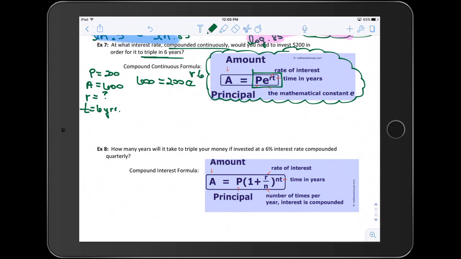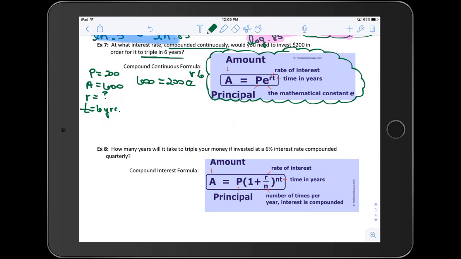There are also other mnemonics, but it does spell the word PERT, if that helps you remember it. I do want to say that I give you these formulas on any kind of assessment, because at this point you need to know how to use them, but you don't need to have them memorized.